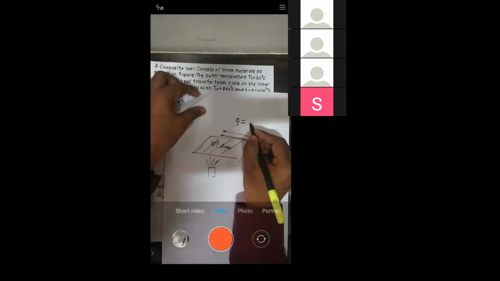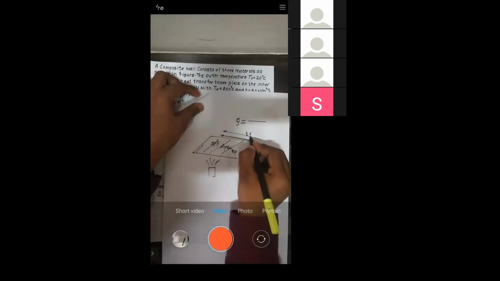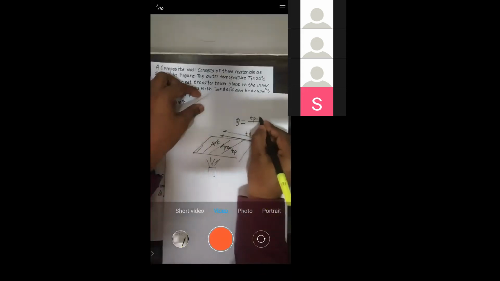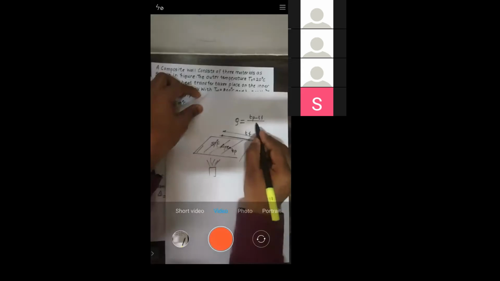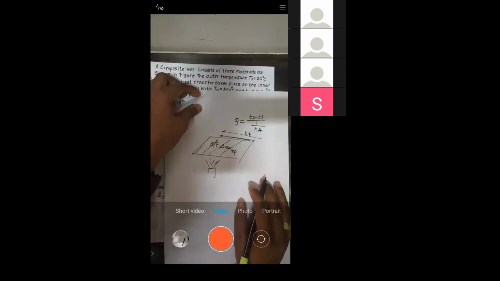Q is equal to, tell me, how will you calculate? It is the temperature difference between the plate and the fluid, yes or no? Let's say the temperature of the plate is TP and the temperature of the fluid is TF, right? So I will calculate the temperature difference between plate and fluid, divided by 1 by H into A, yes or no?